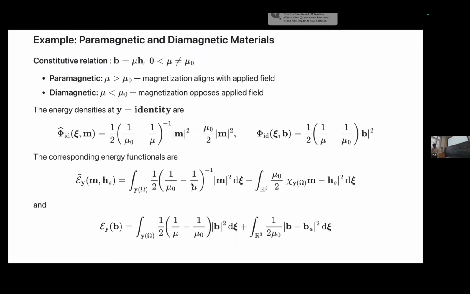You can see this because if you look at this functional, you will see that this term is negative, but this does not compensate for the concavity. While on the other hand, the other model is convex. And the thing is that the diamagnetic case is not covered by the Pedregal and Yan framework. This is the point.